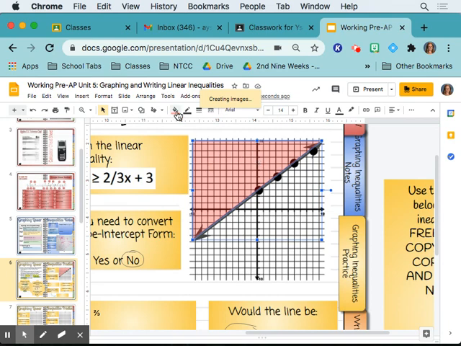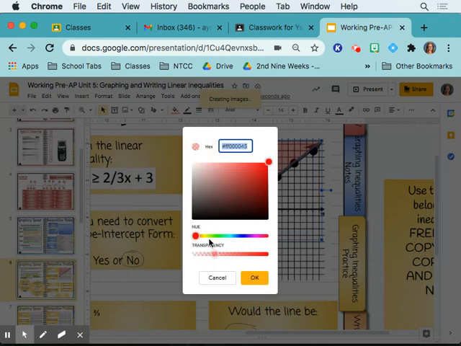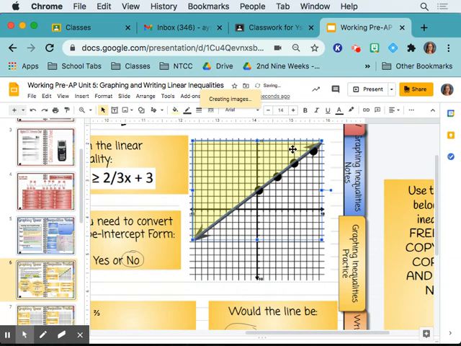And then once you get that, you would add a custom color. Let's say I want it yellow. All right. But then change your transparency so that it can be seen, see-through. If you want to do it on paper, that's fine too.